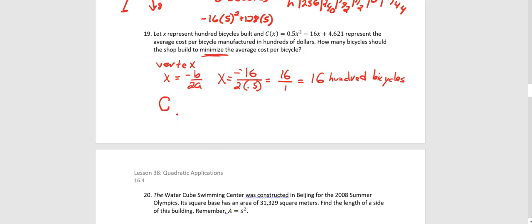I'm going to use C instead of the letter Y because our equation has a C. And our cost is going to equal 0.5 multiplied with 16 squared minus 16 times 16 plus 4.621. And then grab technology.